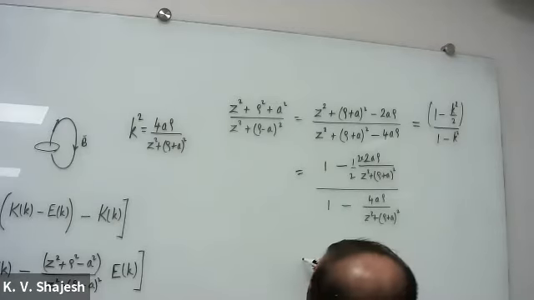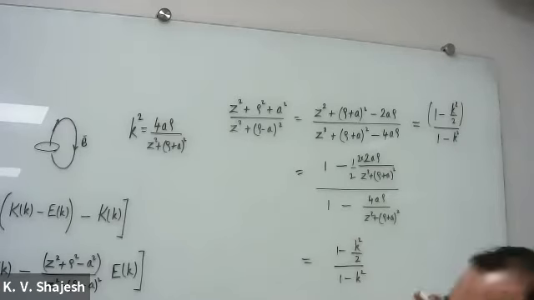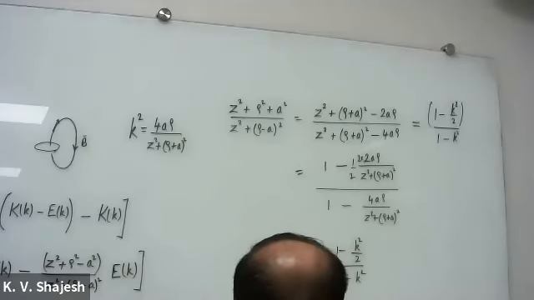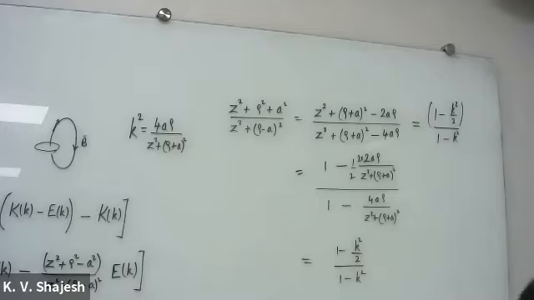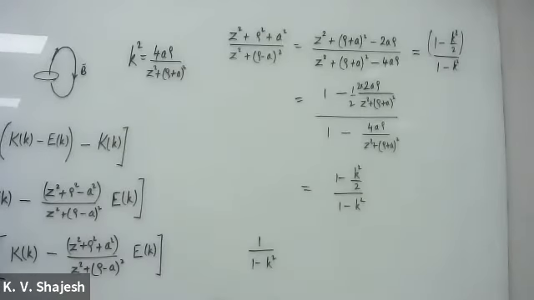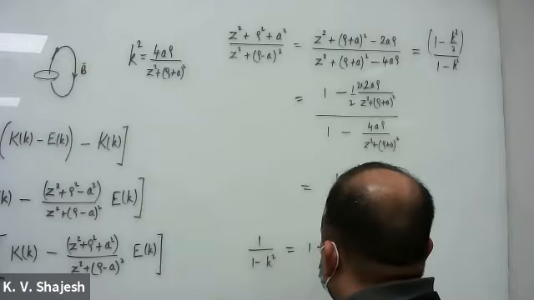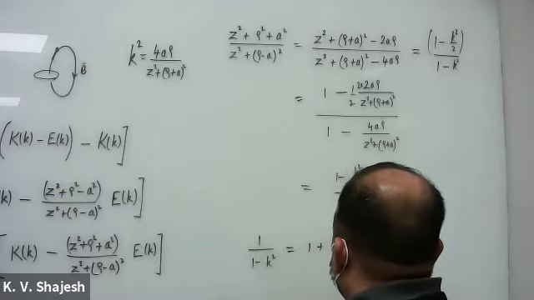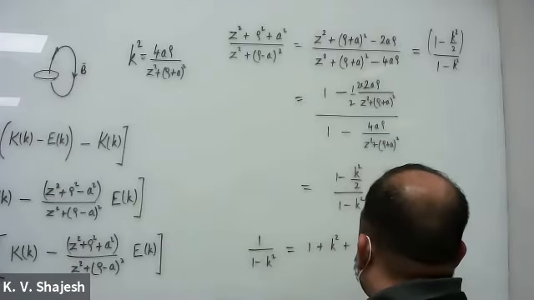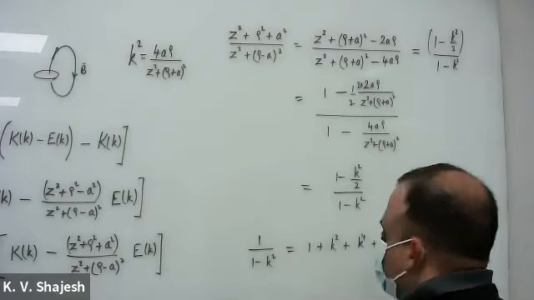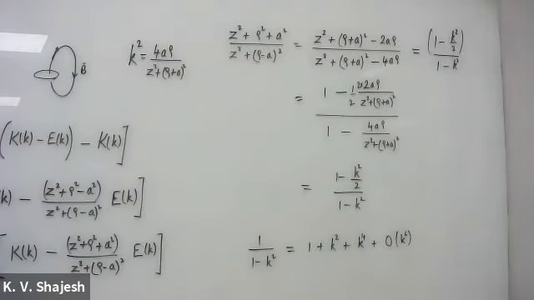So that's equal to 1 minus k square over 2 divided by 1 minus k square. Series expand 1 over 1 minus k square. If you series expand that, this is equal to 1 plus k square plus k raised to 4 plus order k raised to 6.